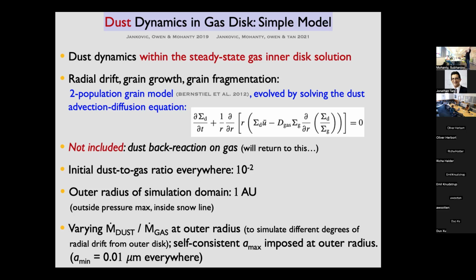There is all kinds of physics in there. It includes the fragmentation of the grains, coagulation of the grains, inward drift because of advection and because of diffusion, and so on. And so we solve the dust advection diffusion equation including coagulation and fragmentation.